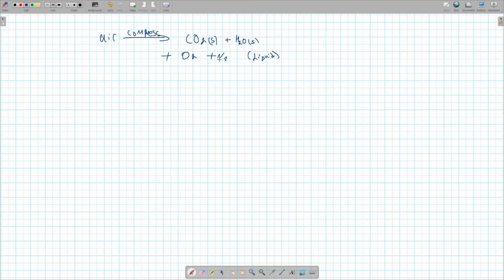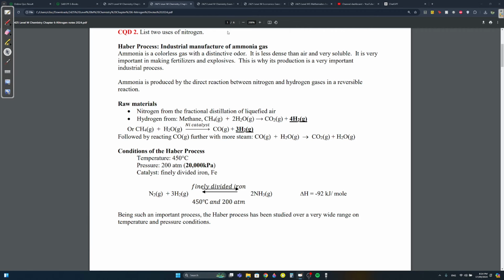So basically just liquefied air. When you liquefy air, carbon dioxide and water are released as solids. How do you liquefy it? You compress it, so you squeeze air so much. Plus oxygen plus N2, which is in liquid form. Nitrogen has a lower boiling point than oxygen, so if you do fractional distillation, nitrogen will go out, oxygen will stay here. That's pretty much it. Like nitrogen goes out.